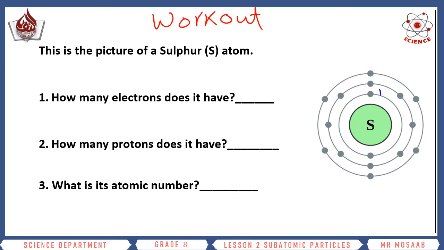Let's count. 1, 2, 3, 4, 5, 6, 7, 8, 9, 10, 11, 12, 13, 14, 15, 16. So how many electrons does it have? It has 16 electrons.